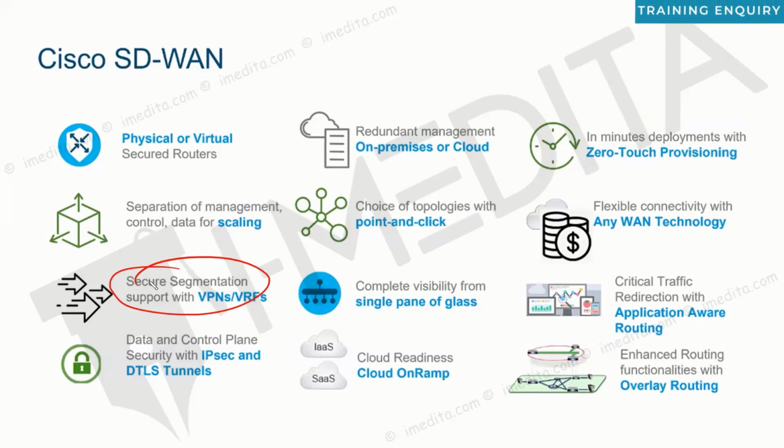It's not that technically it will not be possible. It is possible, but by default, no routes go from one VRF to another VRF. Therefore, data will not go from one VRF to another VRF. But yes, we can configure inter-VRF or inter-VPN communication and get this implemented if needed.